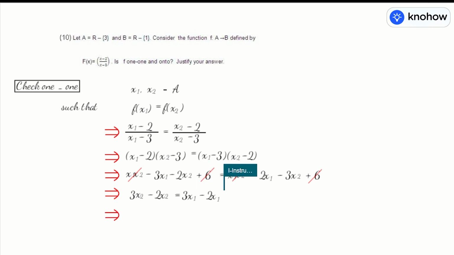So immediately you get x2 equal to x1, or x1 equal to x2.